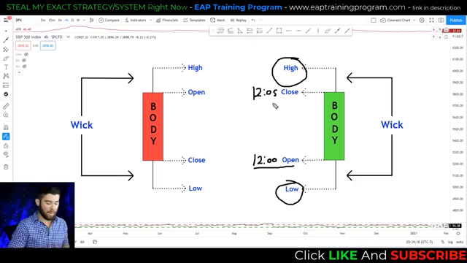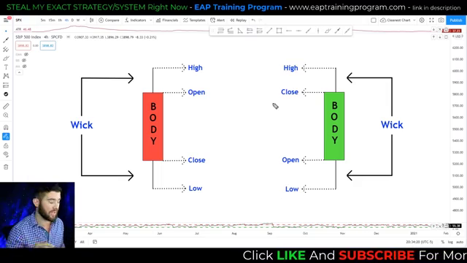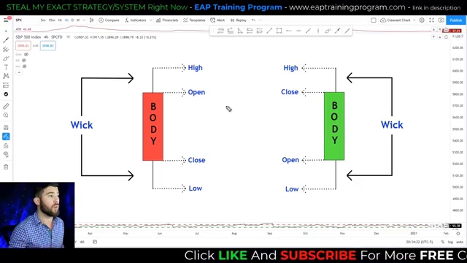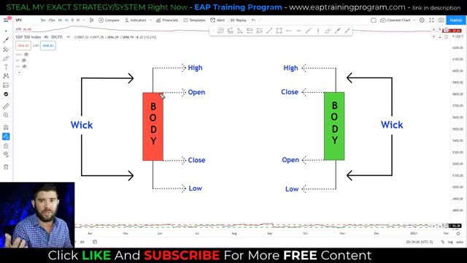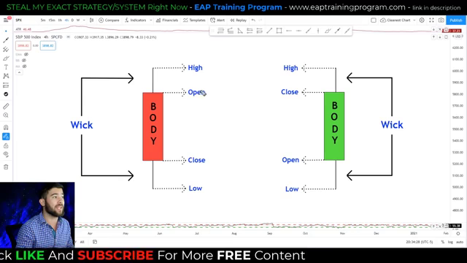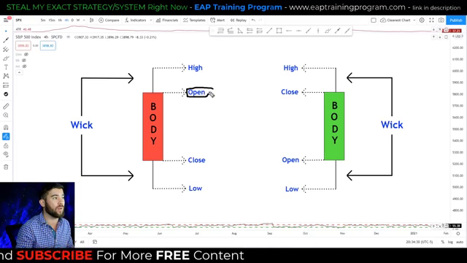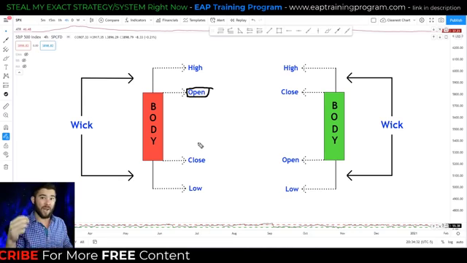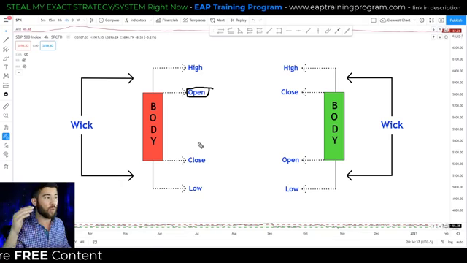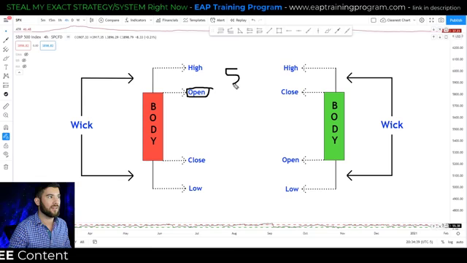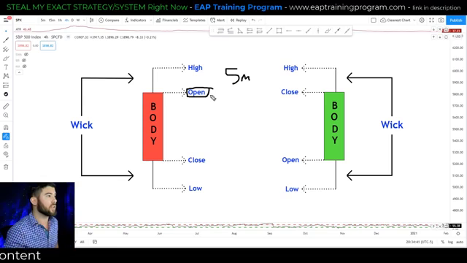A red candle represents when price went down during that period of time. So for a red candle, we would have an open at the top of the body. This is the only difference between the two candles. The open is at the top of the body of a red candle because during a red candle, it represents a period where price closed below where it opened or went lower during, let's say, a 5-minute chart. So the open is there. The highest point is the same. It's the top of the line or wick of the candle.